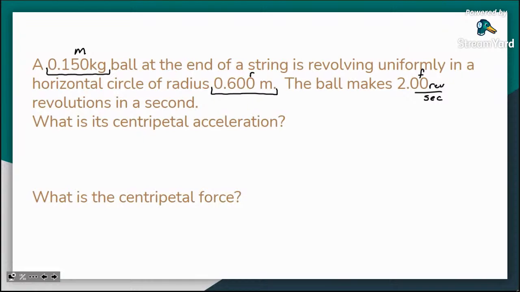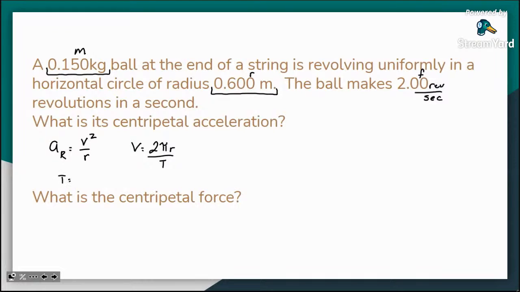Well, if you recall, centripetal acceleration, or a sub r, equals v squared per r, but I don't have the velocity just given to us. But we do know that velocity equals 2 pi r per t. Well, I've got the radius, but I don't have the period.